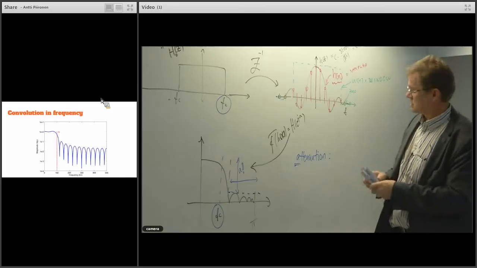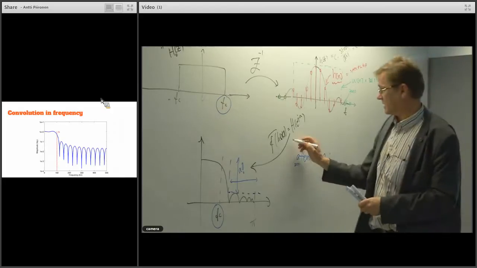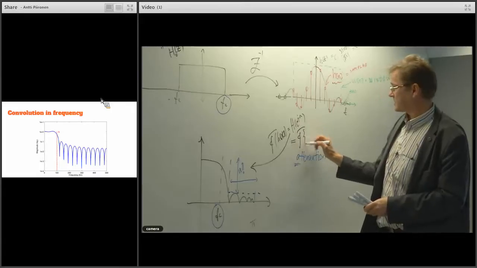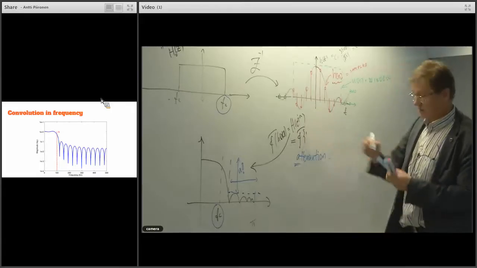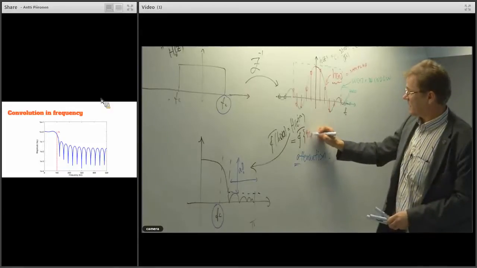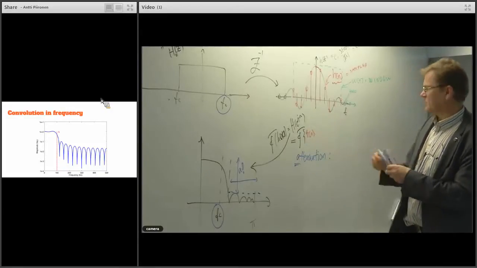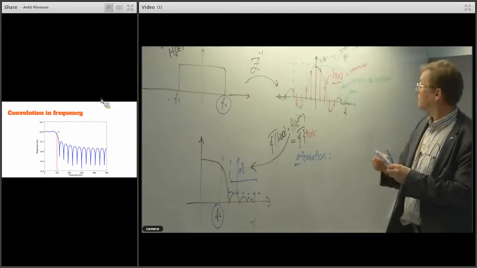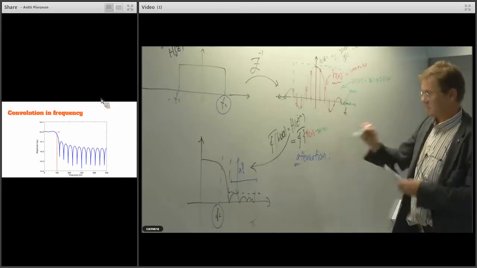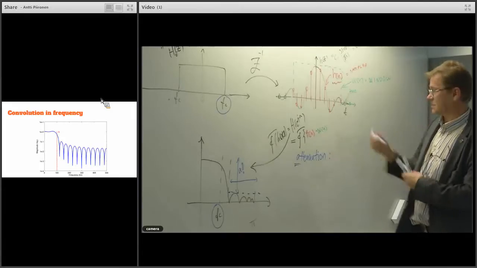Okay, this might be a little bit heavy, but actually when you take the Fourier transform of our h of n, you are not taking just h of n, you are taking h of n multiplied by w of n. This is not the heavy part.